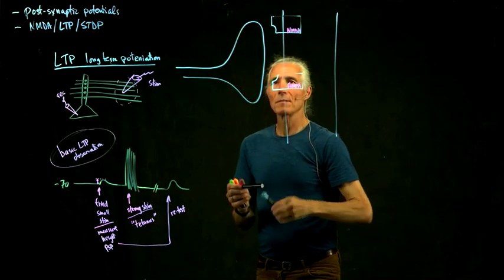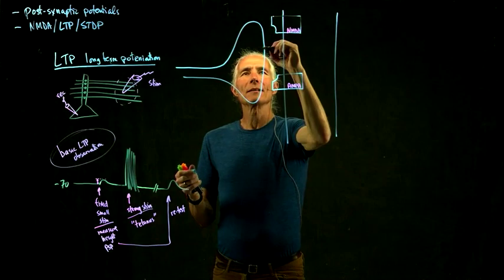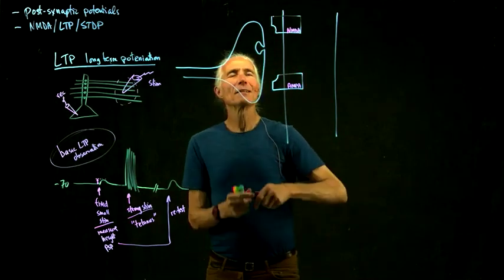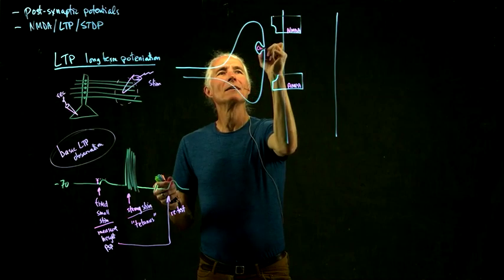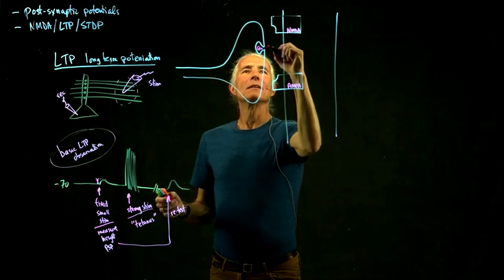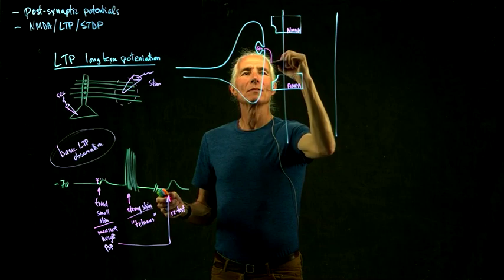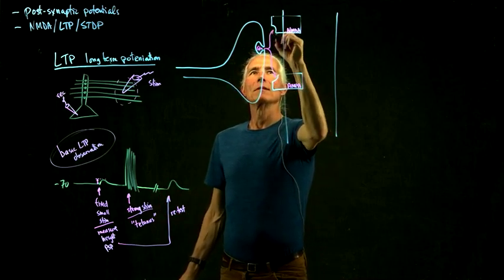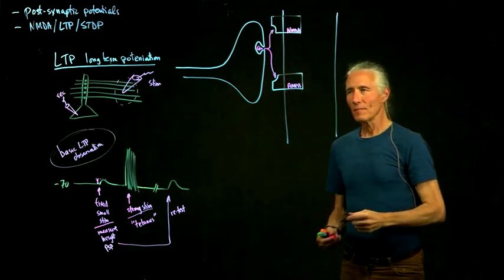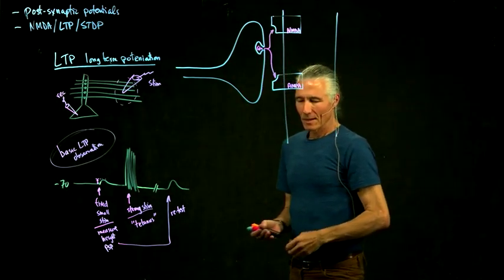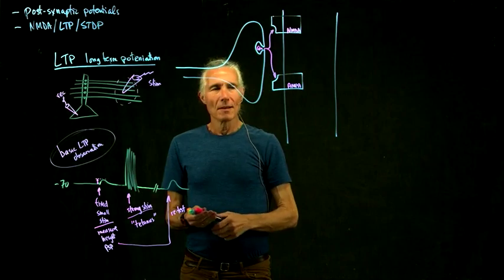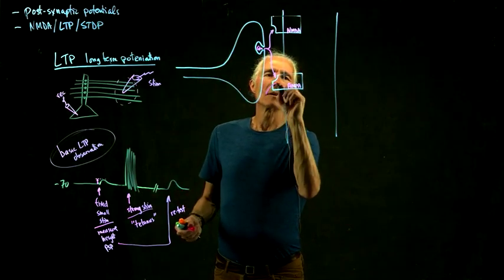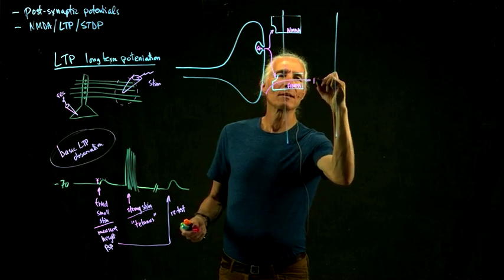So here's some glutamate that just got released. It will go out to the AMPA channel, and it will also go out to the NMDA channel. When it goes to the AMPA channel, it's going to cause some sodium to come in.